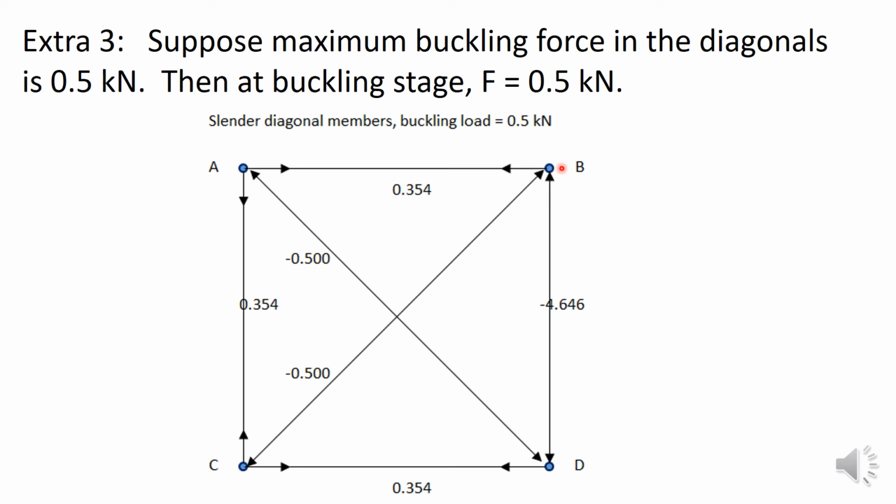That's when B is at the extreme right. And when B is at the extreme left, A would also be at its extreme left, which means the diagonal AD would be at its maximum length. That is when buckling has just occurred, when there's only a compressive force of 0.5 kilonewtons and the member is still uncurved.